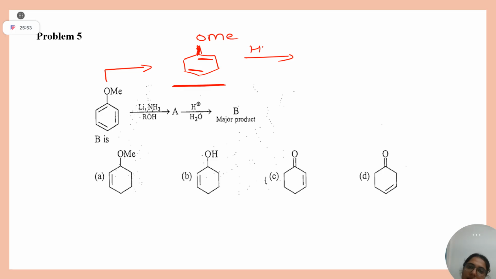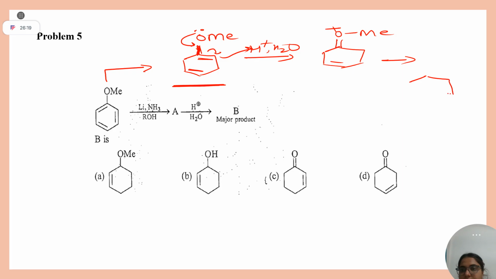Now they are adding H plus H2O. What happened? OMe lone pair will come back and they will take this proton. You will be getting double bond OMe positive, right?